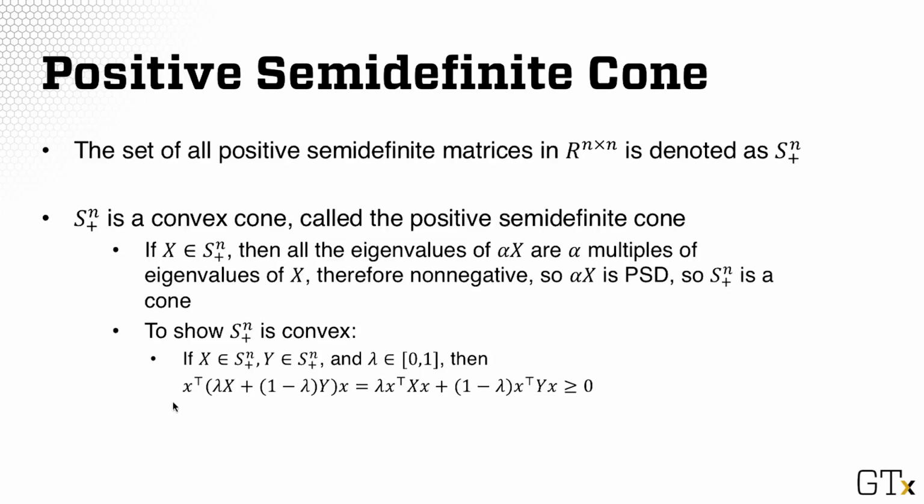You can just multiply out: this equals lambda times x transpose X x plus 1 minus lambda times x transpose Y x. Because X and Y are both positive semi-definite, these two quadratic terms are non-negative, and therefore their convex combination is non-negative. Therefore, lambda X plus 1 minus lambda Y is positive semi-definite. That shows the positive semi-definite cone is convex. So S_n^+ is a convex cone.